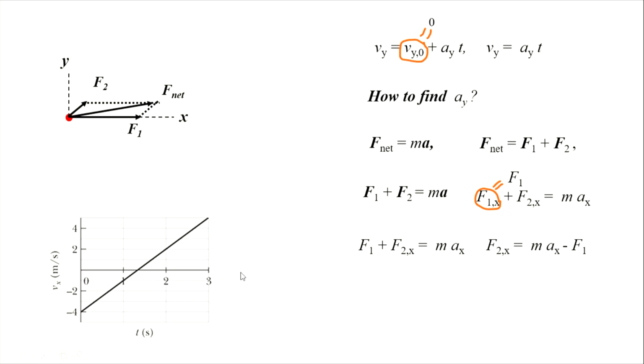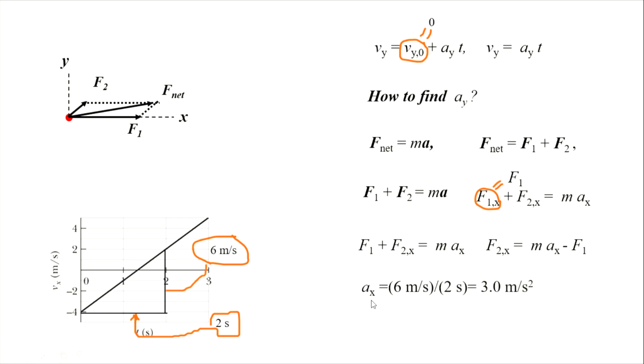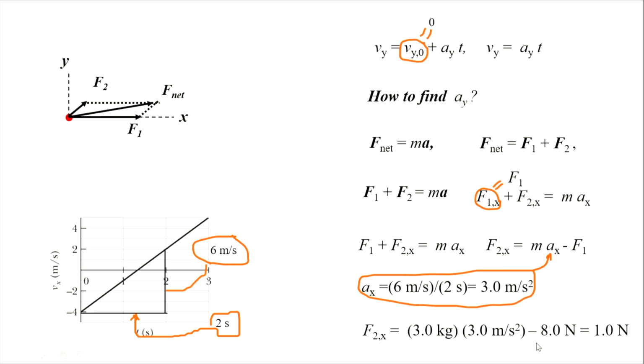To find the slope, we consider the right triangle and take into account that this side is equal to 6 meters per second, and this side is 2 seconds, and the slope is the tangent of this angle, which is equal to Ax, and numerically it is 3 meters per second squared. We plug this Ax into this equation, and immediately we find that F2x equals 1 Newton.